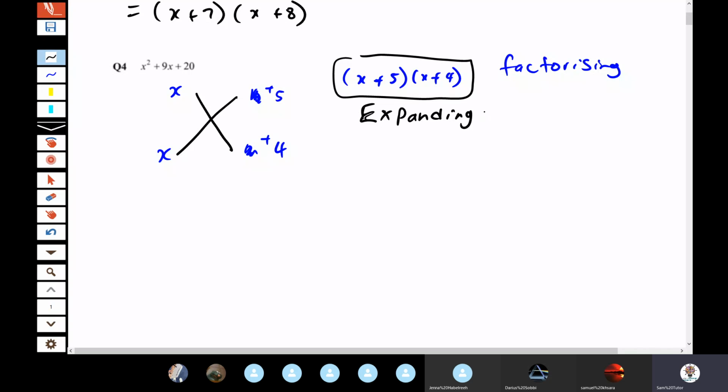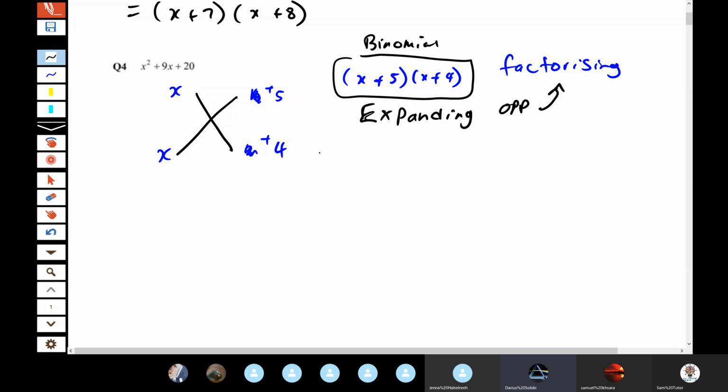This week we're doing the opposite of that, which is factorizing. These are called binomials because there's two brackets, bicycle, two brackets. But these would be the opposite of binomial expansions. We're factorizing, but essentially they've got to become binomials.